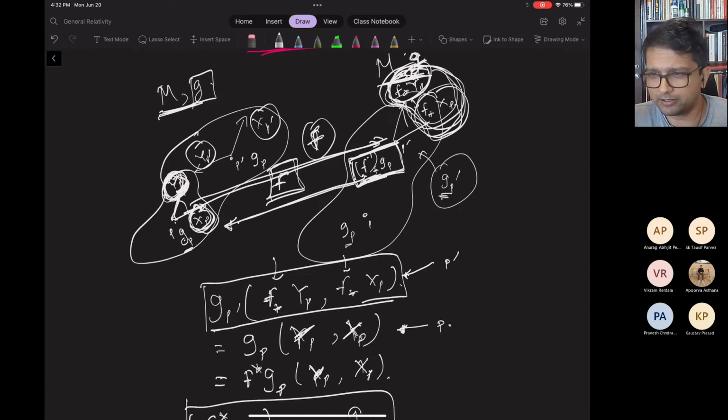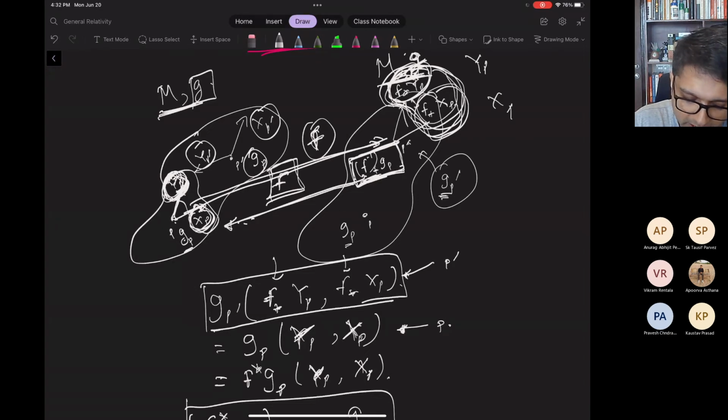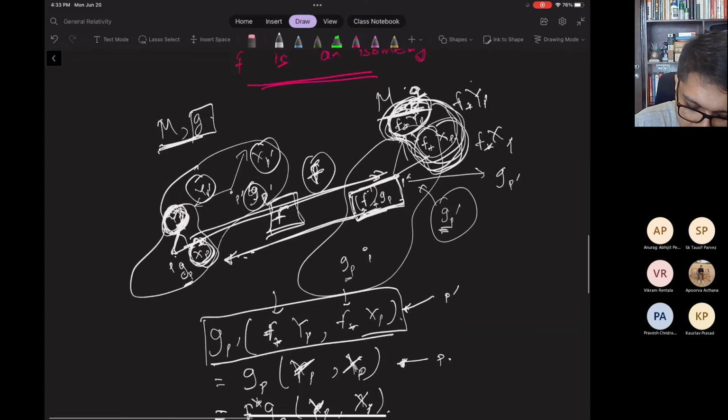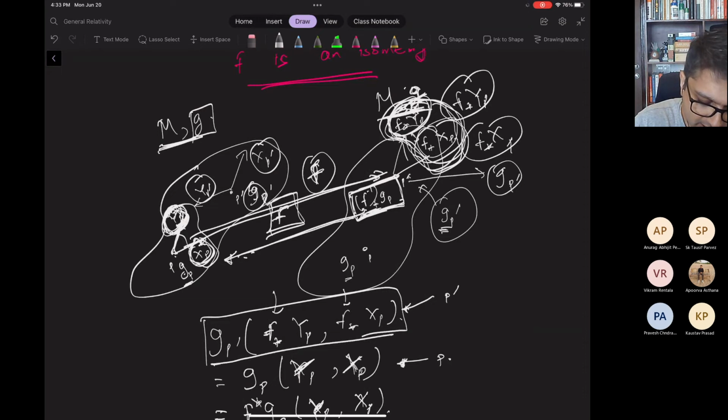The non-trivial thing about isometries is that you are not pushing forward the metric G. You are only pushing forward the vectors xp and yp, but you're using the actual metric gp prime. And when you push forward these vectors and take the inner product with this gp prime, you get exactly the same thing as you would have got if you had taken gp on xp and yp.